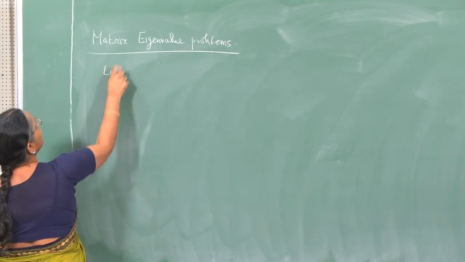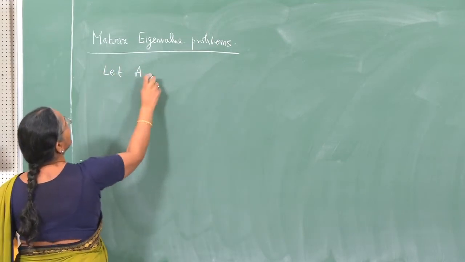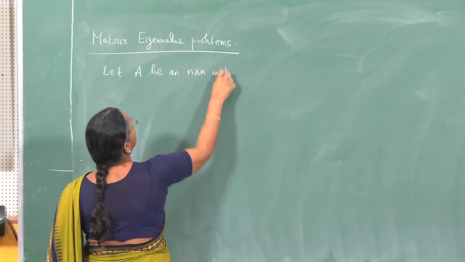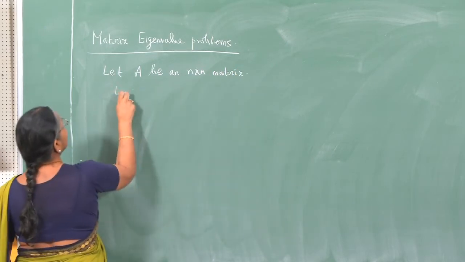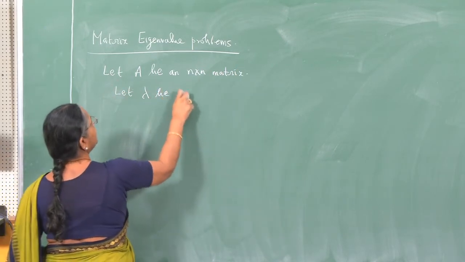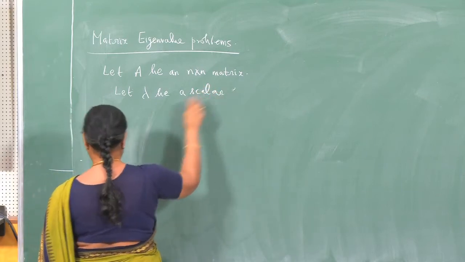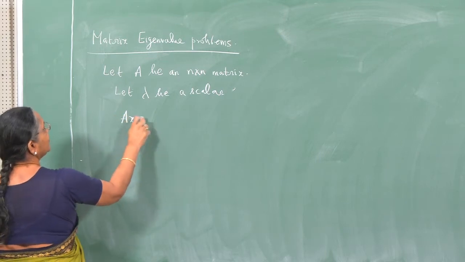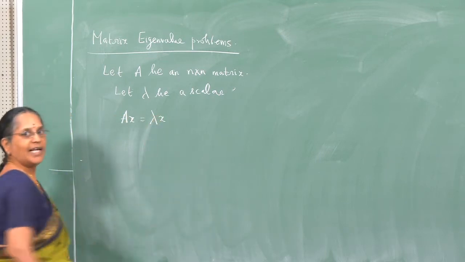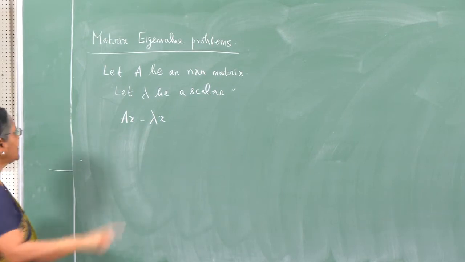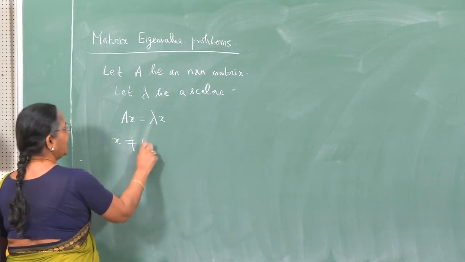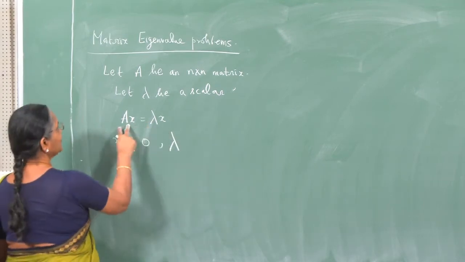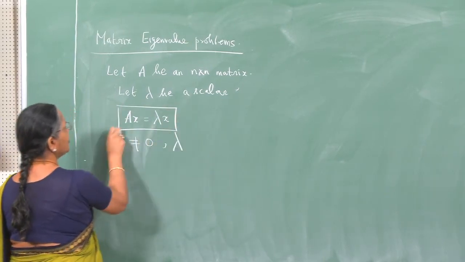So, we are given a matrix A which is an n cross n matrix, and let lambda be a scalar. Our goal is to solve an equation of the form Ax is equal to lambda x. We seek a non-zero vector x and a scalar lambda which satisfies this equation Ax is equal to lambda x.